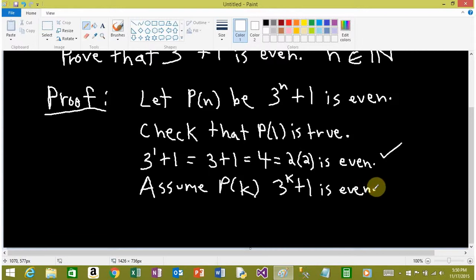And so another way to say this is that 3 to the k plus 1 is equal to, let's say, 2m for some natural number m. And then let's prove P of k plus 1.